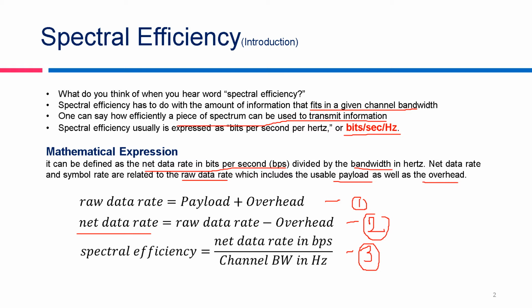Then using the net data rate, we can calculate the spectral efficiency, which is the net data rate in bits divided by channel bandwidth in hertz. So from equation number 3, we can calculate the spectral efficiency.